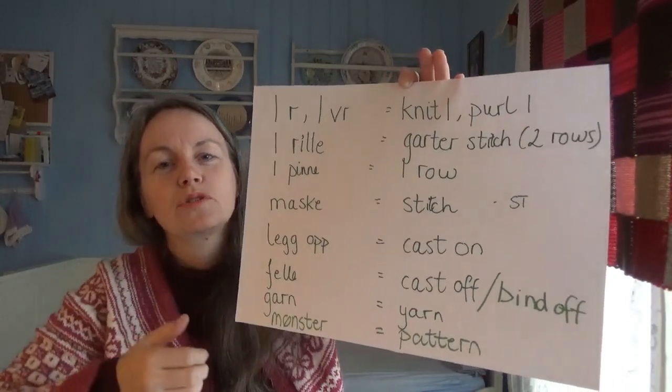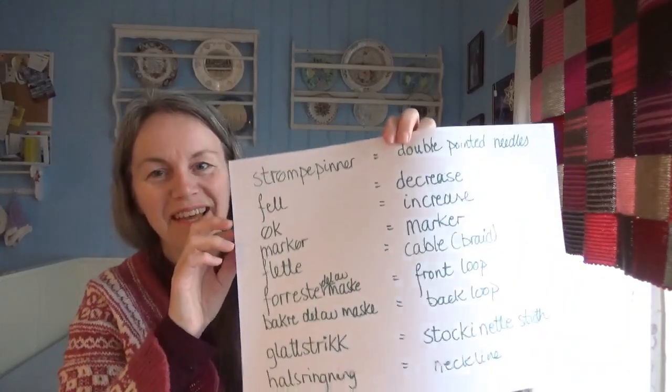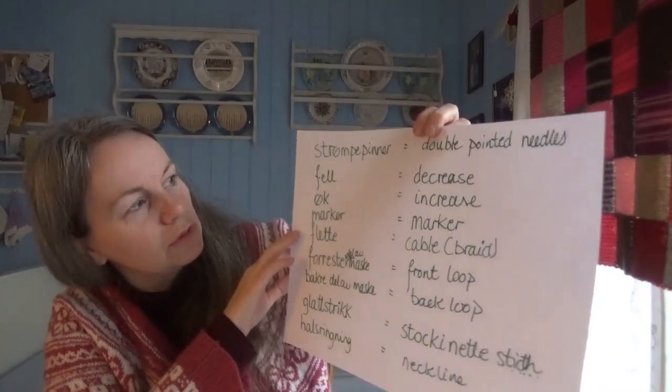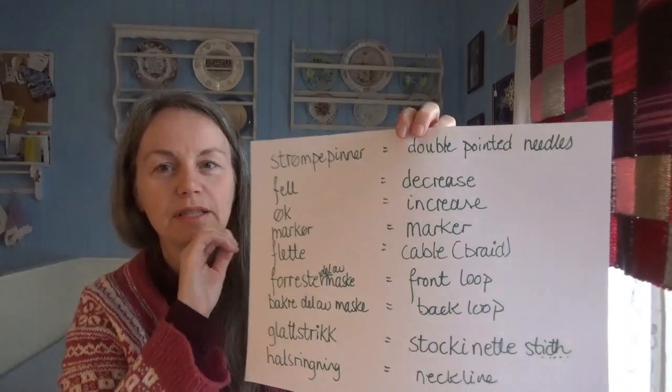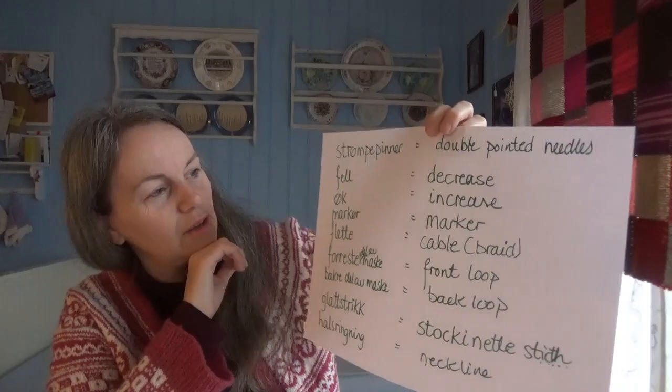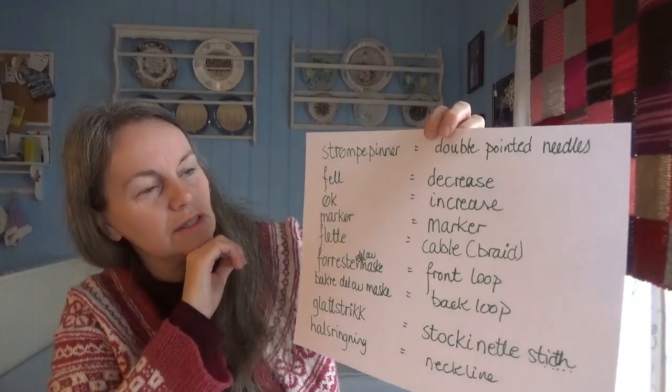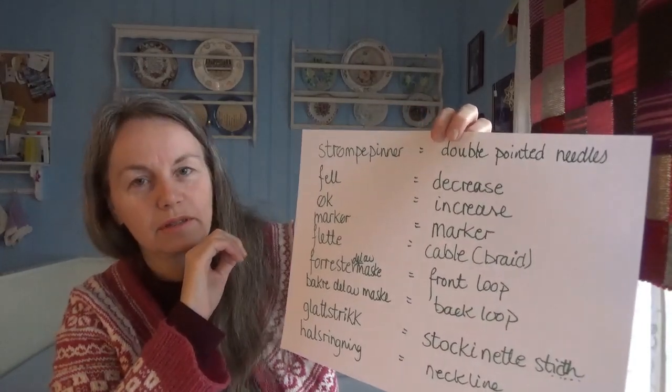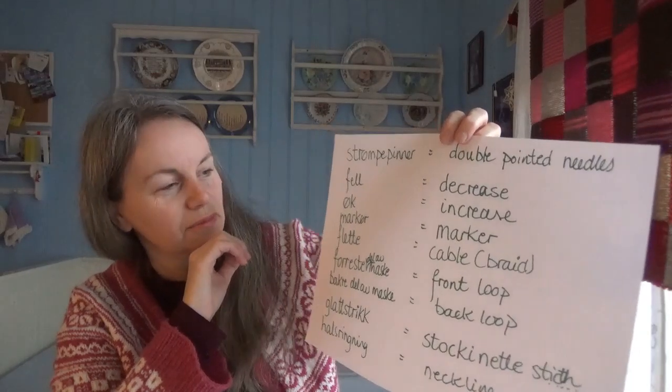Maybe you'll need to pause the video or you can look at my photo at the end. Some more words in my handwriting. The problem is I have to have a look myself. Strømpepinner, that is double-pointed needles. Fell, that is decrease. Øk, that is increase.